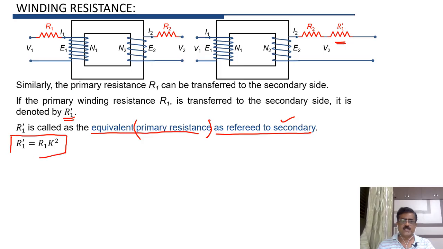R1 dash is equal to R1 into K square. Means when resistance R1 is transferred from primary to secondary, it must be multiplied by K square. Here K is the transformation ratio, and we have defined K as N2 upon N1.